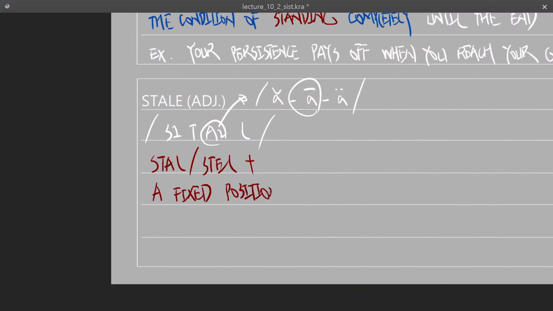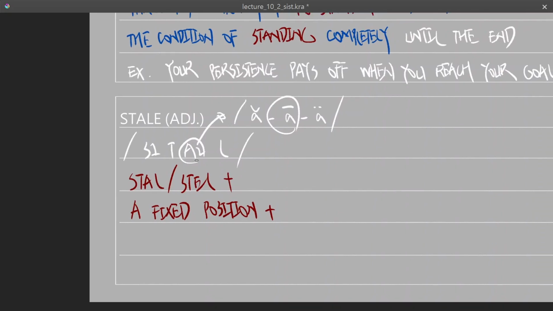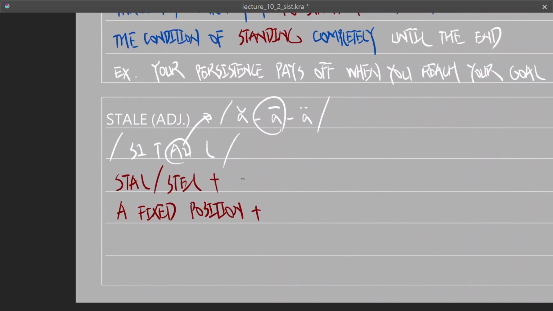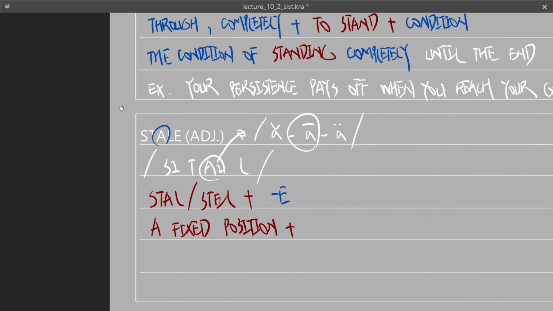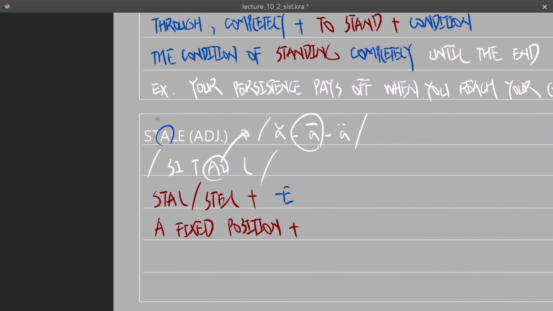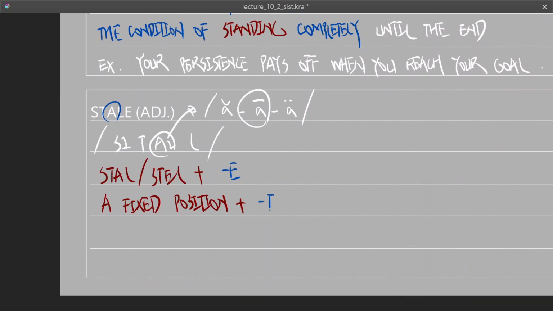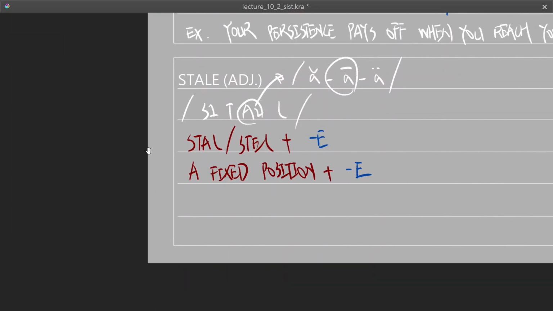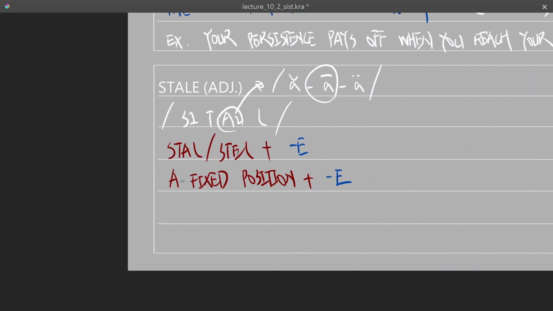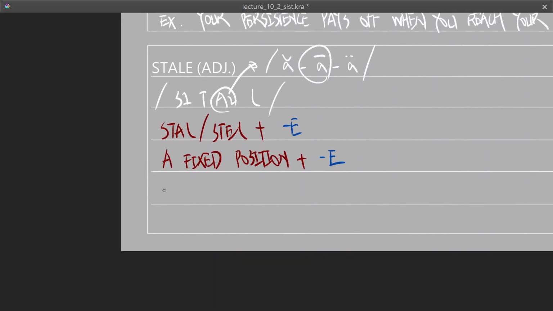And we have the silent final E, so that the phonogram A says its long sound. So stale literally means to describe something.